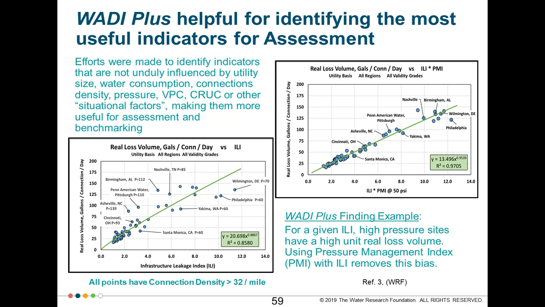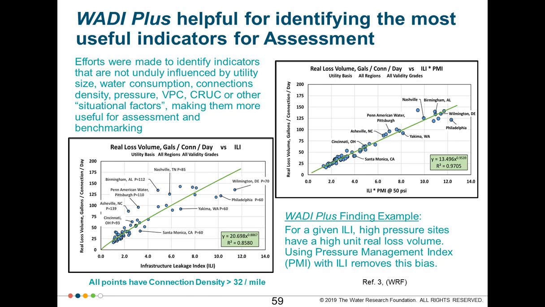And some were stronger in that area than others. An example here shows that ILI, commonly known, on its own does not correlate well with real loss volume unless you take into account the pressure at which that ILI was calculated.